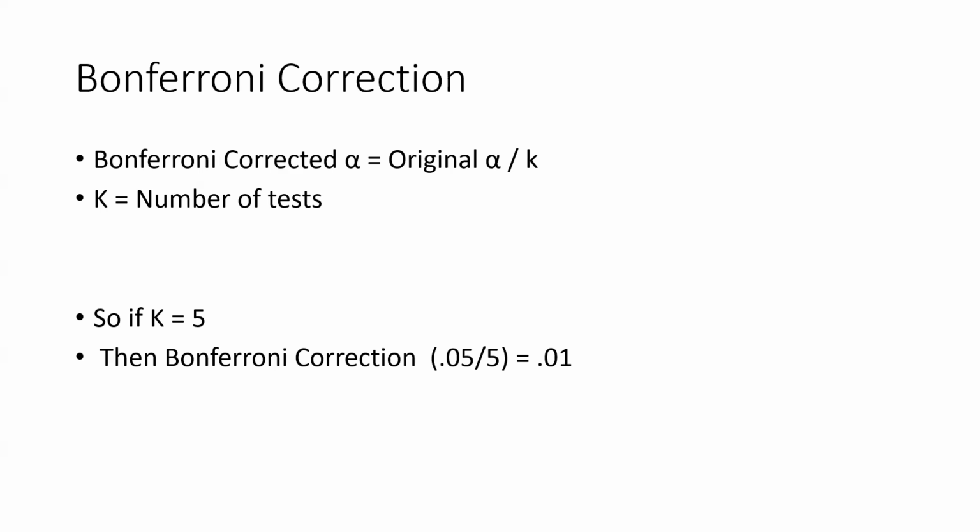Well, you would mention that you were utilizing the Bonferroni correction in your methods section if you were writing for publication, and you would mention which tests you're running, how many tests there are, and what the Bonferroni correction figure is.